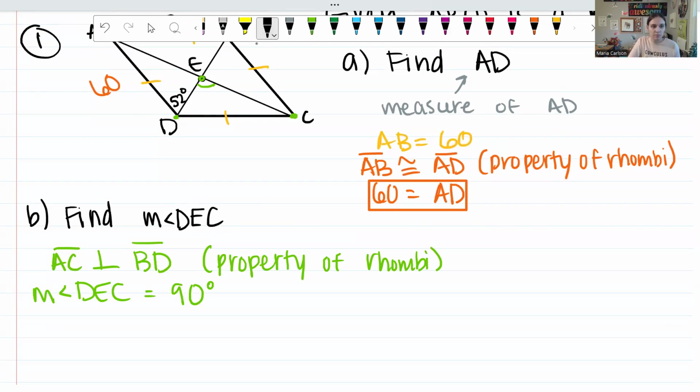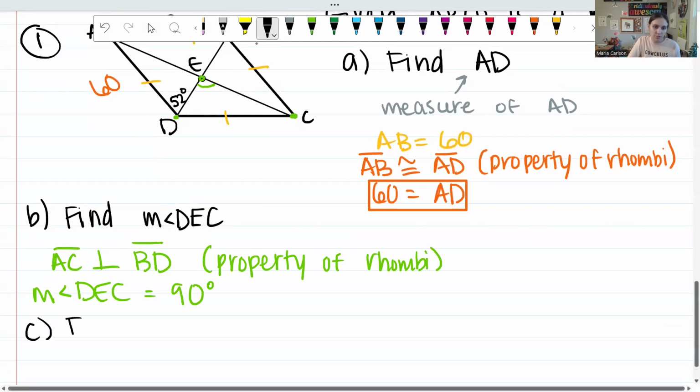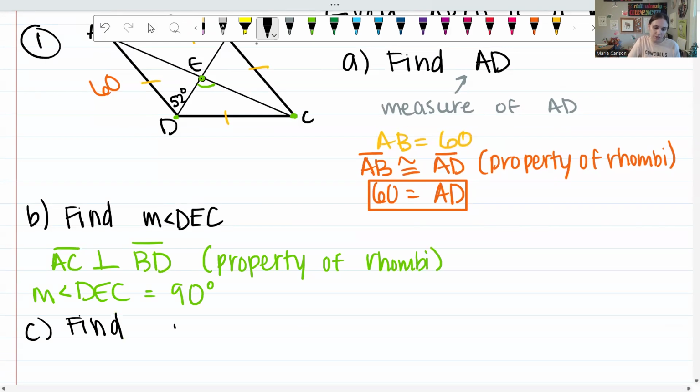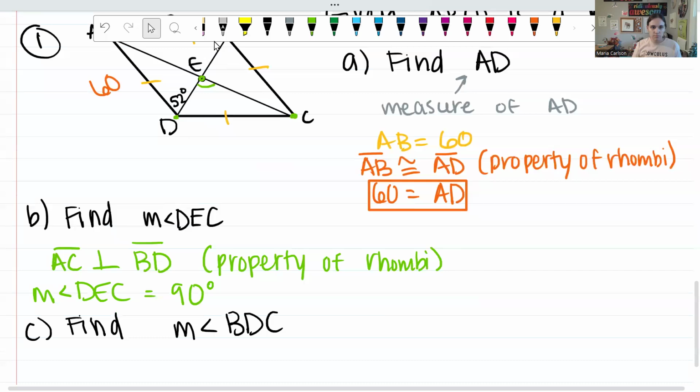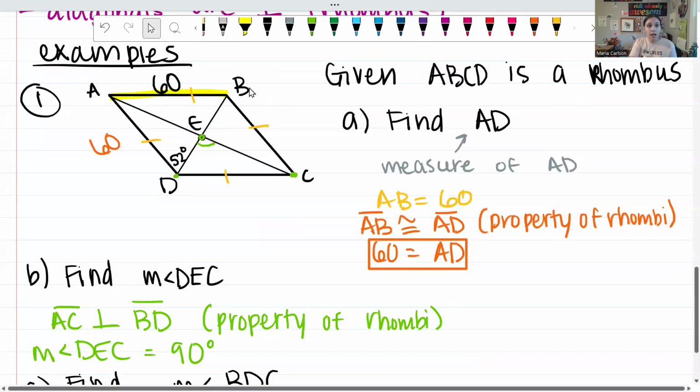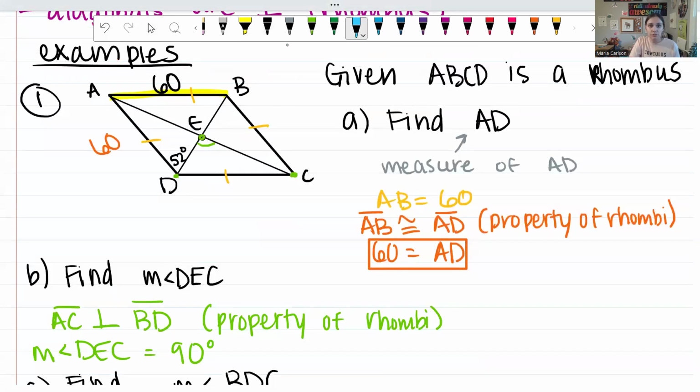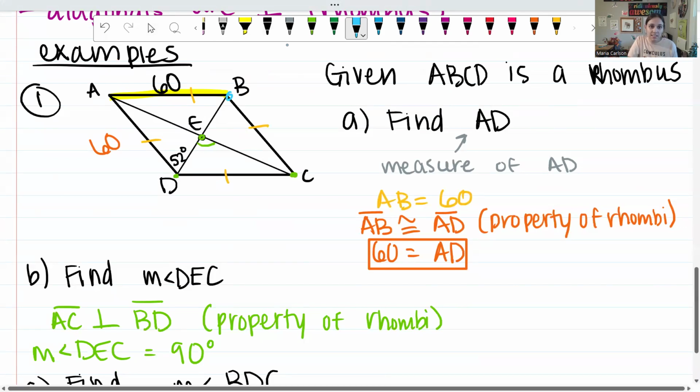All right. Part C, we are going to find now the measure of angle BDC. So we know ADB is 52 degrees. BDC is that other adjacent angle.